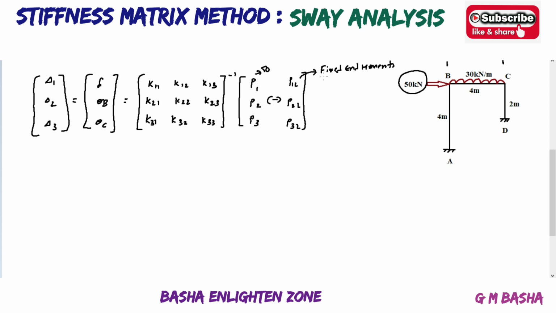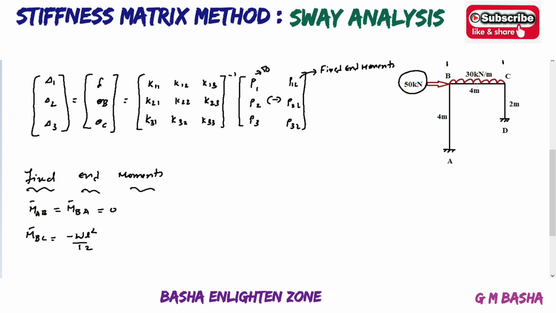And what are the fixed moments? See here, first to find out the fixed moments. M bar AB equal to M bar BA will be equal to 0, because there are no forces given on the column. Similarly, what about M bar BC? M bar BC will be equal to minus WL square by 12, because UDL is acting.